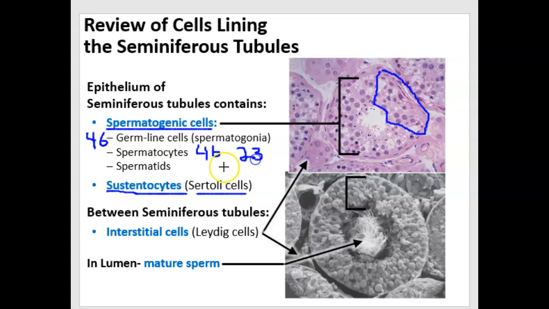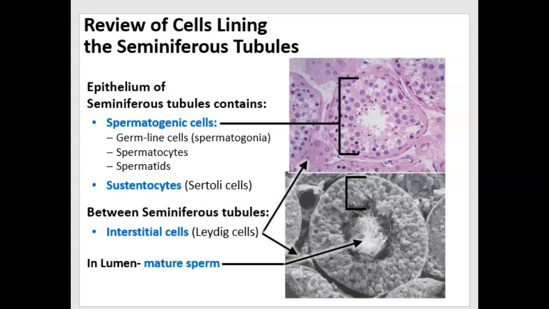And then finally, there are spermatids that have 23 chromosomes, and they're developing a flagellum while their head is still adhered to the epithelium. So two kinds of cells: spermatogenic cells at various stages, and these Sertoli cells, also called cystenocytes.